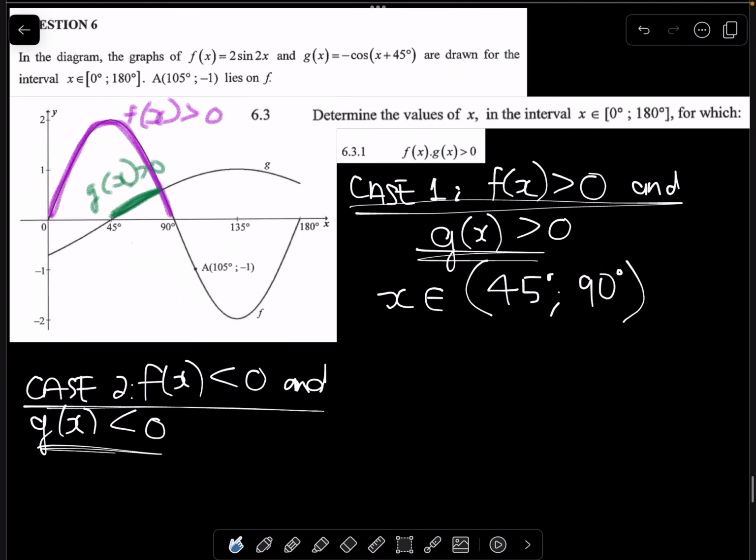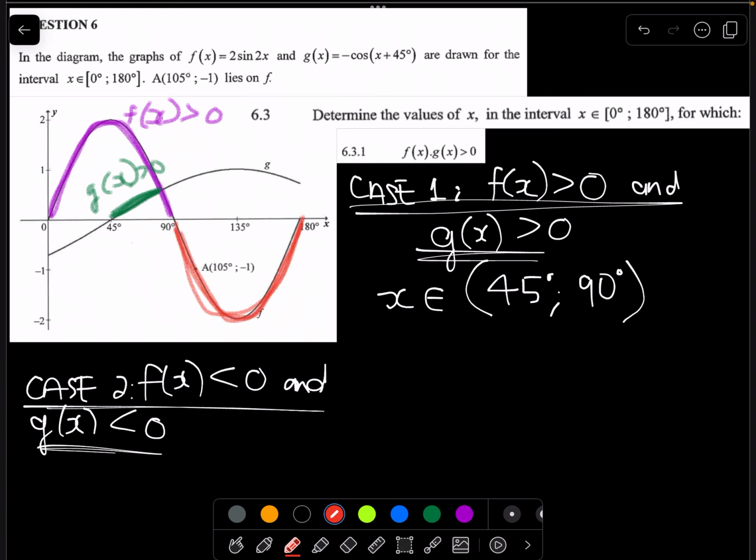Okay, so now on to the second case, the case where f of x is smaller than 0 and g of x is smaller than 0. First, where is f of x smaller than 0? That is happening over here, for any x value between 90 and 180. Then the question is, in that interval, where is g of x smaller than 0 as well?